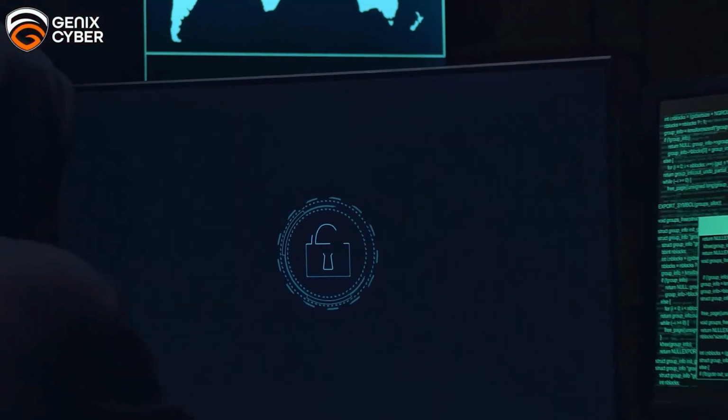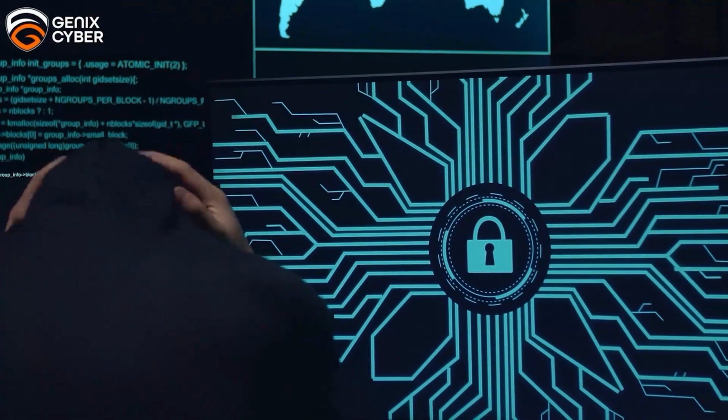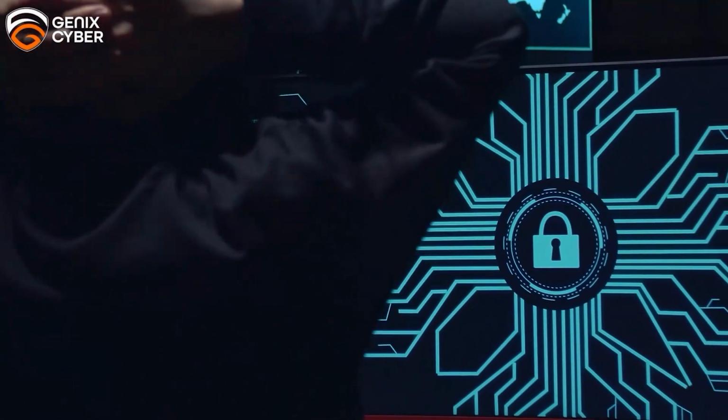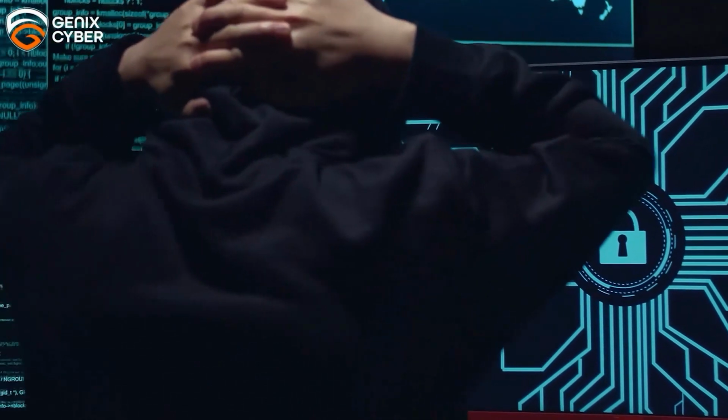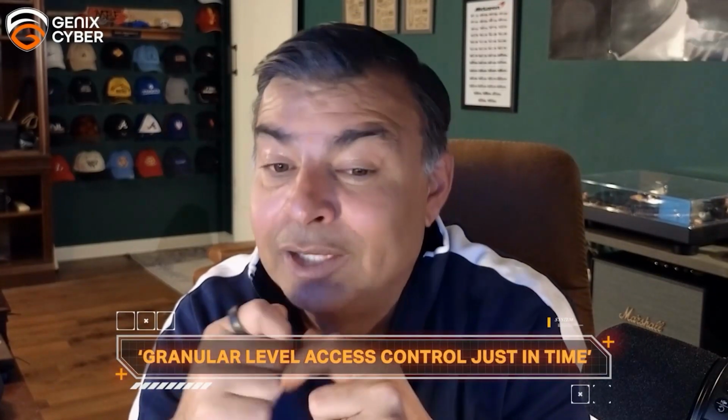What does that mean? It means making it harder for attackers to gain a foothold, even if they manage to breach our initial defenses somehow. By focusing on entity level and persona based verification mapped to required granular access controls just in time, zero trust will help us minimize data loss and disruption even in the event of a successful attack.